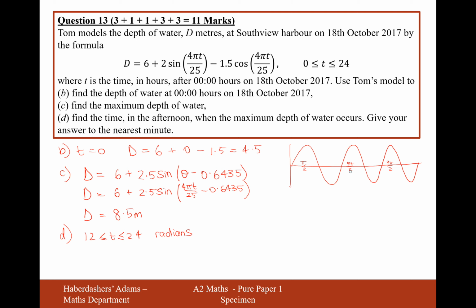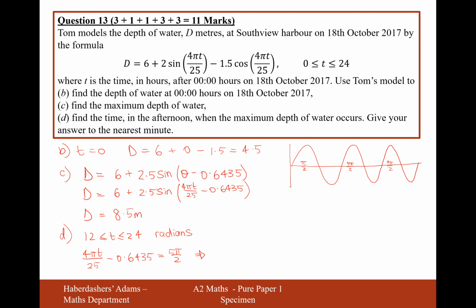Let's pick the 5 pi by 2 value first. So what we're going to do then is set 4 pi t over 25 minus 0.6435 to be equal to 5 pi by 2. Now I'm going to do all the rearranging on my calculator.